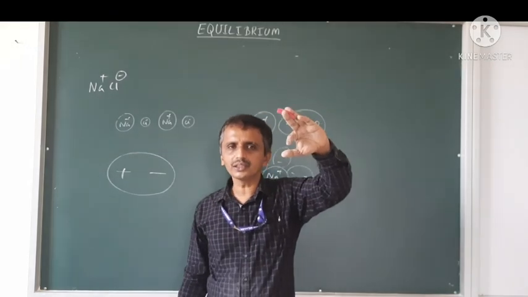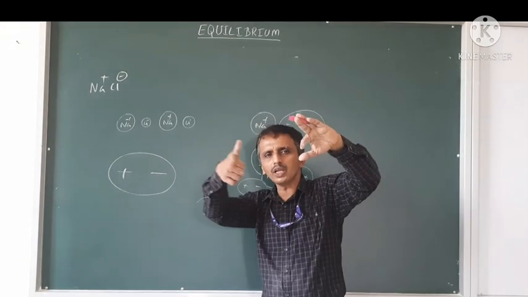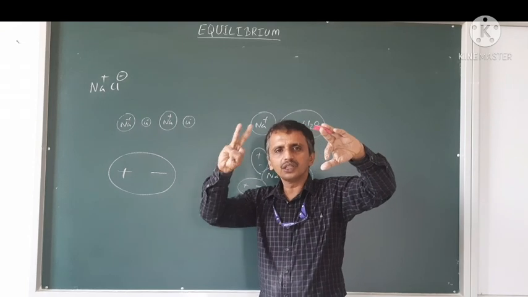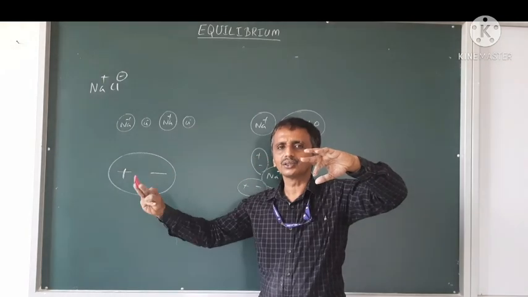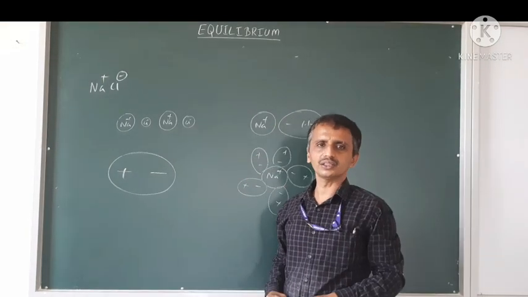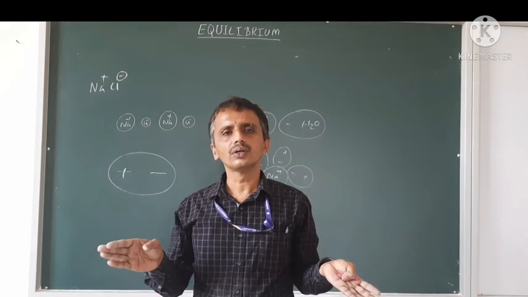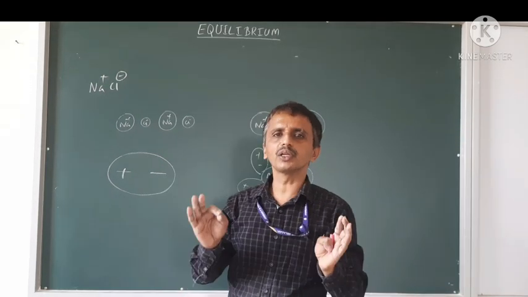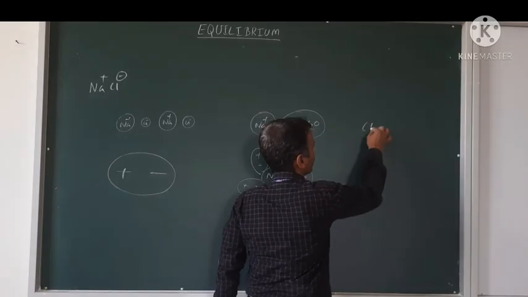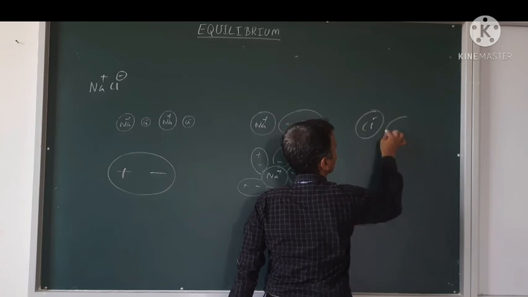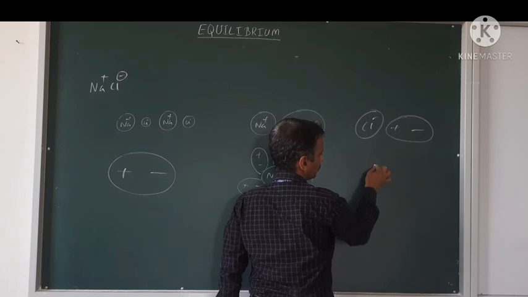Now, this is Cl-. There is a positive end also in the water because it's polar. So this is the positive end of the water, you see. It attracts Cl- and makes it free. And now Na+ is also free, Cl- is also free. They can start conducting. Negative and positive ends, we get it.